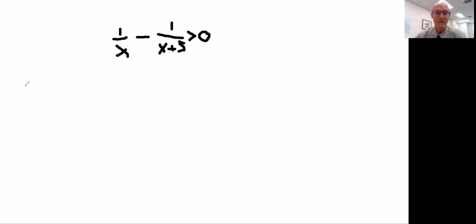Now, once I've got something like this, I've got to get a common denominator. Anytime I have fractions, I get a common denominator here on the left side. My denominator is x times x plus 3, greater than 0. And remember, in the numerator, I've got to multiply this first by x plus 3, so that's x plus 3.